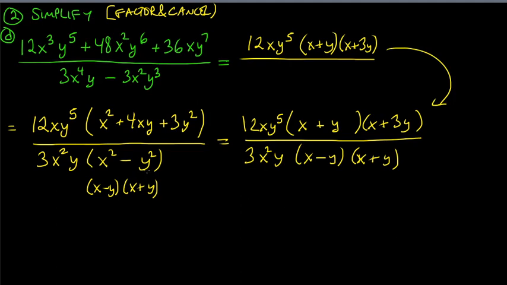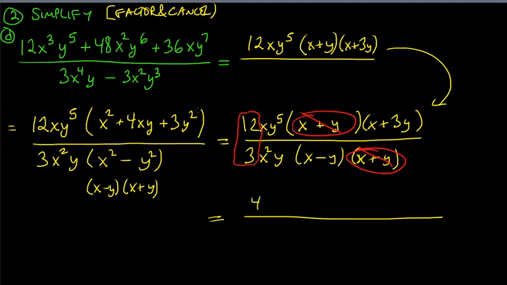Right? And so I think with everything factored completely, now we can just cancel. So what cancels here? Well, x plus y and x plus y, right? So those go away. And then 12 divided by 3, of course, is just 4.